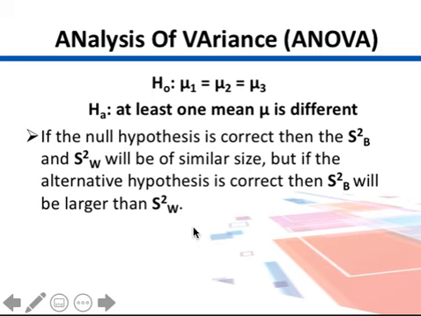Whereas S squared within is the variance of each experimental unit, or each observation, from its own mean within each treatment, and we do that for all of the treatments. The observations within a treatment are the replicates. Replicates are the experimental units getting the same treatments. So that variability should be less than the variability due to the treatment effect, that is the variability between the means of various treatments.